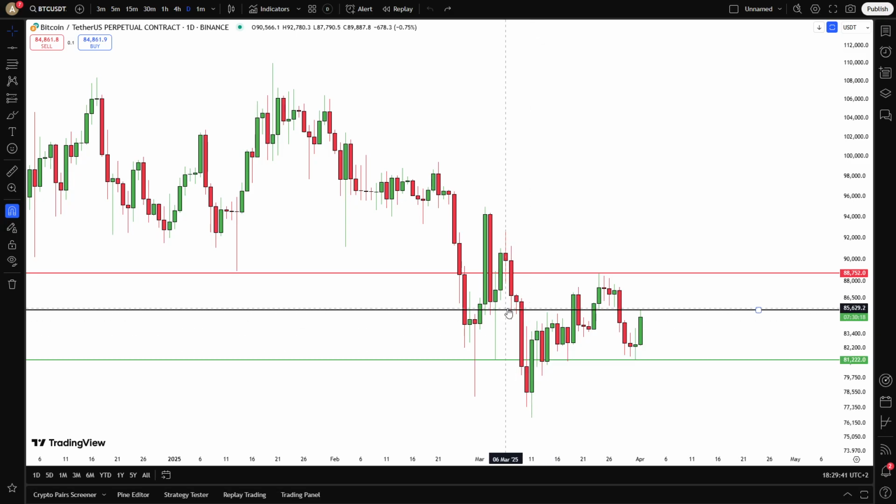Simple logic. For this black level, resistance, support here, but didn't hit it here. Held multiple times. Again, broke below, retested it, and we got back up above the green line and moved further.